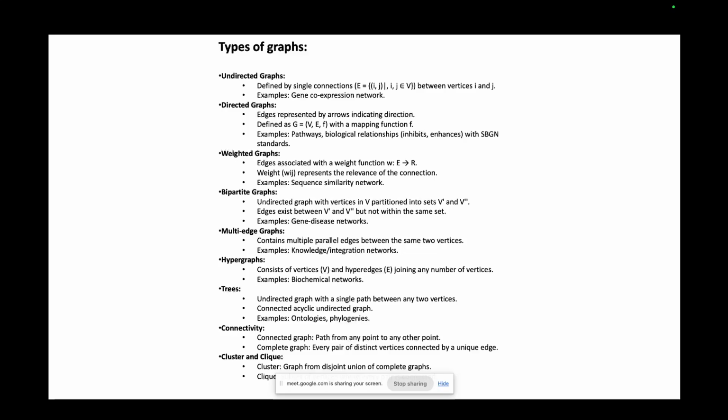These are the different types of graphs that we generally encounter. In the next slide, I'll show you the visual representation of each of these types of graphs. So we have undirected graphs, which are basically denoted by single connections between a set of vertices, which are basically nodes.